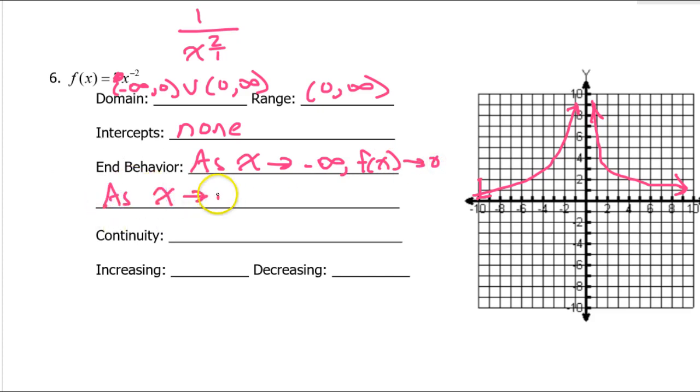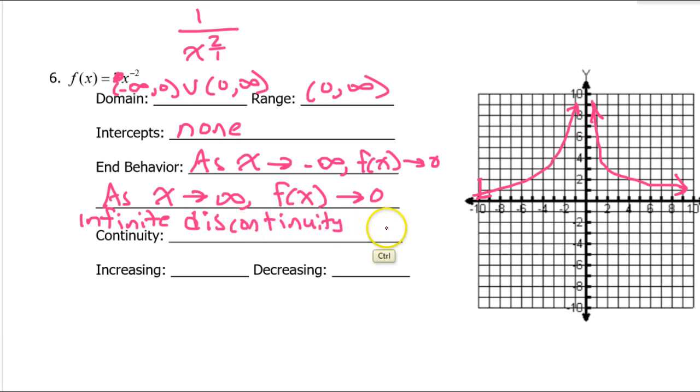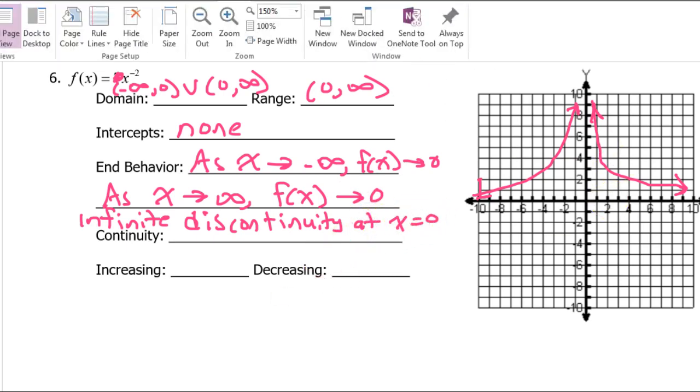As x approaches positive infinity, f of x approaches 0. There is a break in the graph. There's an asymptote. An asymptote is an infinite discontinuity. So I will say infinite discontinuity at x equals 0.